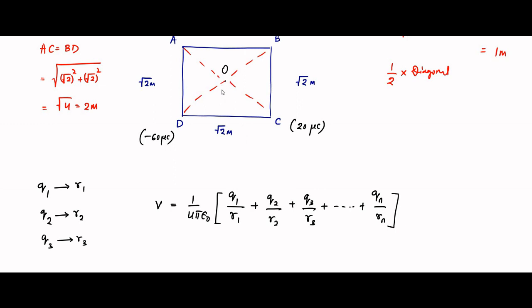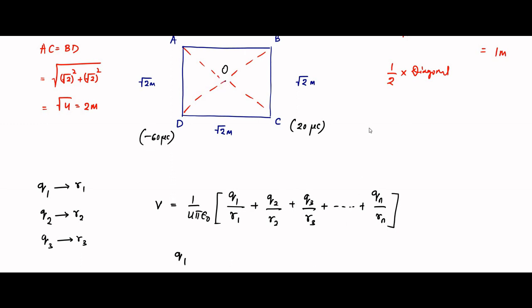So here Q1, Q2, Q3 are these charges: 100 microcoulomb, minus 50 microcoulomb, 20 microcoulomb, minus 60 microcoulomb. All of these 4 charges are situated at equal distances from the point where electric potential has to be calculated.